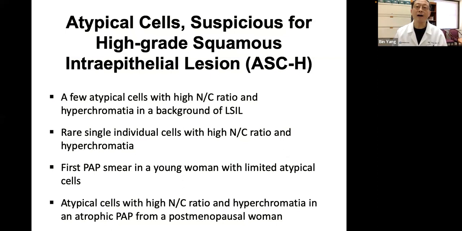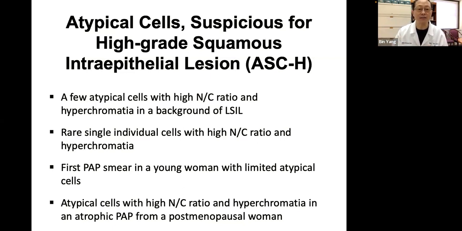When you're going to use ASC-H, there are no rock-solid or sound criteria. But to me, these are 4 situations I call ASC-H. In each situation, the most important part is that I don't have enough. I have a few atypical cells with high NC ratio.